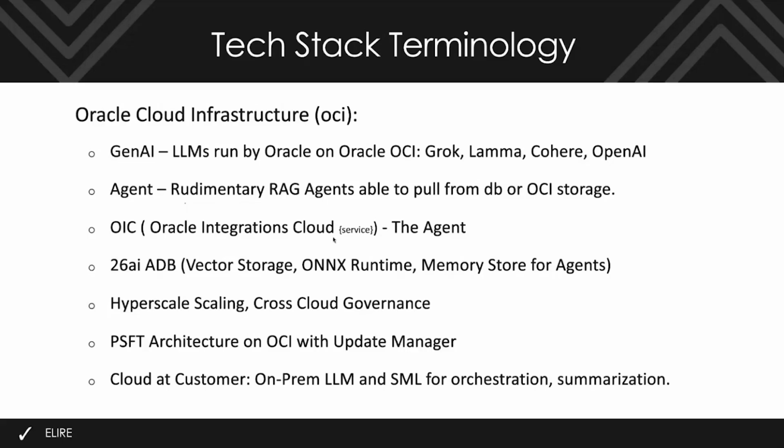It's in its third generation as of now, and it has some really good integrating capabilities with a low-code GUI interface, but it does have full stack capabilities, and it is also our orchestration agent. It's been brought in to have connectors and APIs and agents, JDBC connections to be able to run ONNX models through the 26 AI runtime. So there's a lot of interconnections, and OIC is the heart of that.